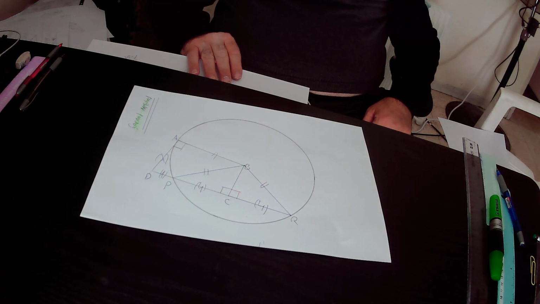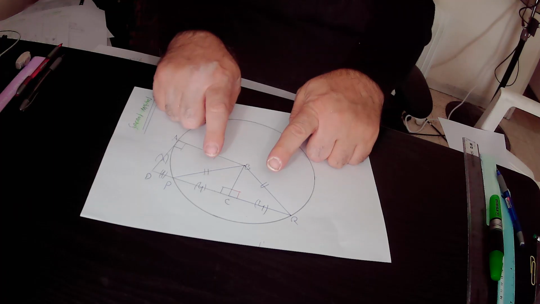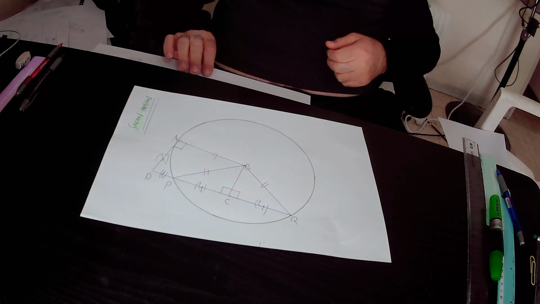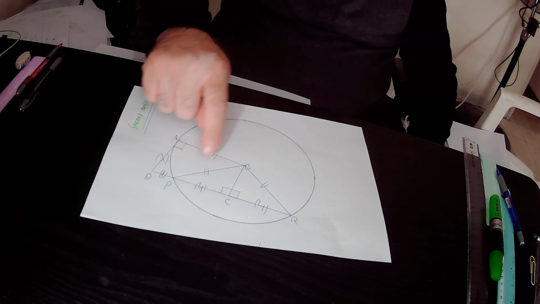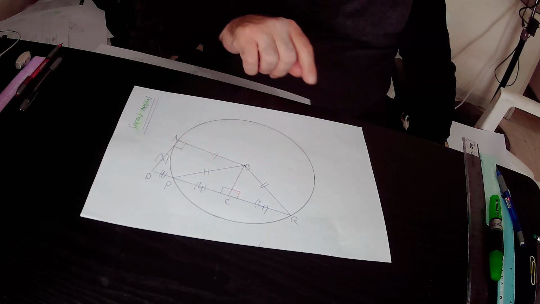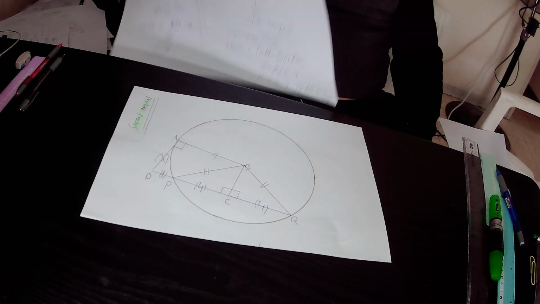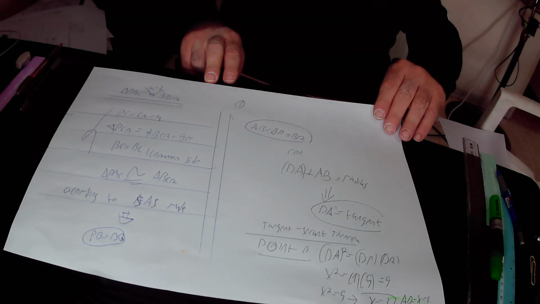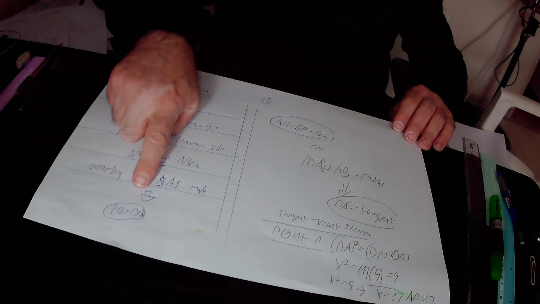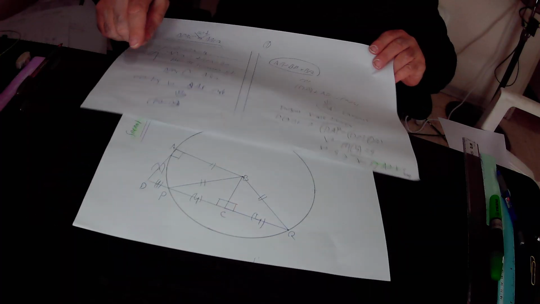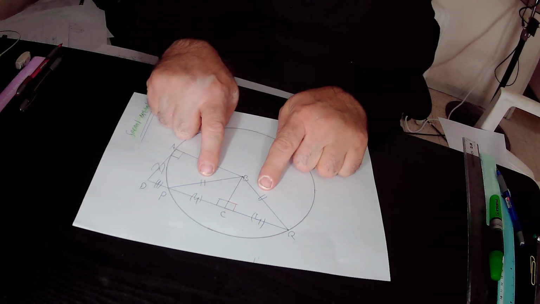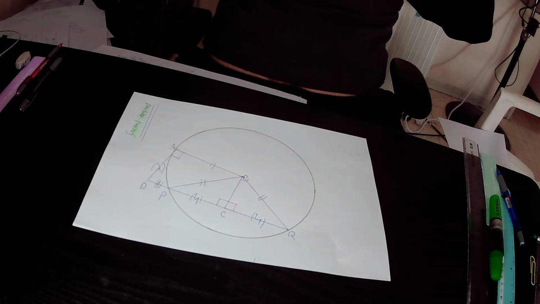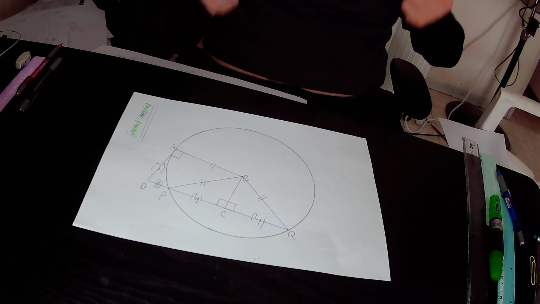And from the fact that those two triangles are congruent, we will derive that PB equals BQ. PB equals BQ according to the rule that says corresponding sides in congruent triangles are equal to each other.